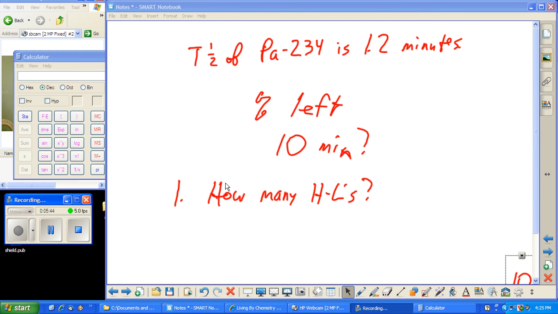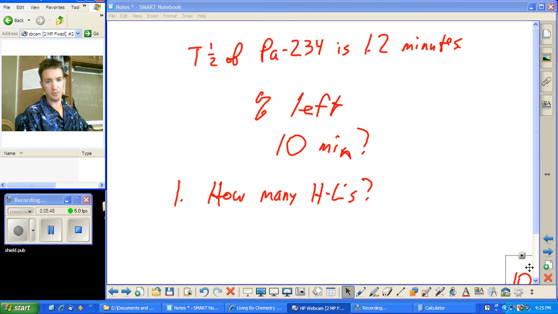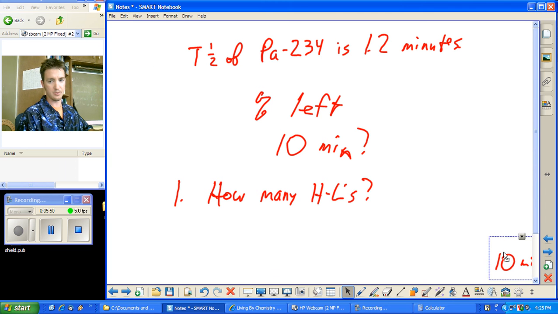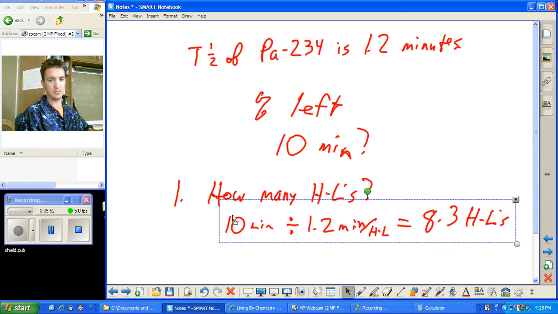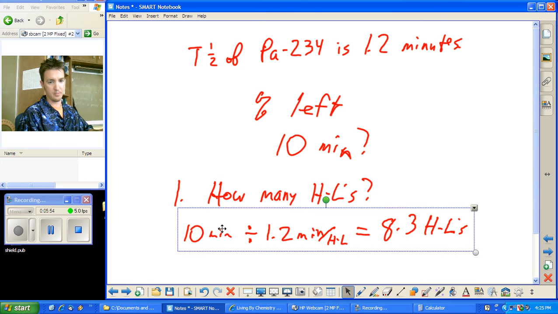So the big question is how many half-lives? You have to figure out how many half-lives in order to be able to do anything on these. If you go 10 minutes divided by the time for every half-life, 10 divided by 1.2, you get 8.3 half-lives. Now, for most of the things we've been doing, we've been using whole numbers, so 8 decays.